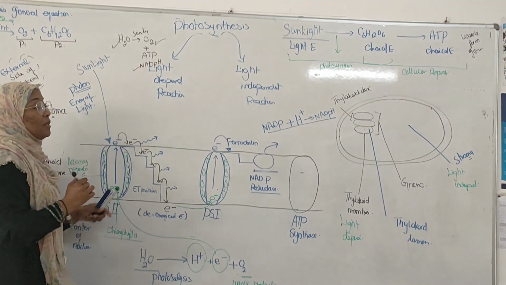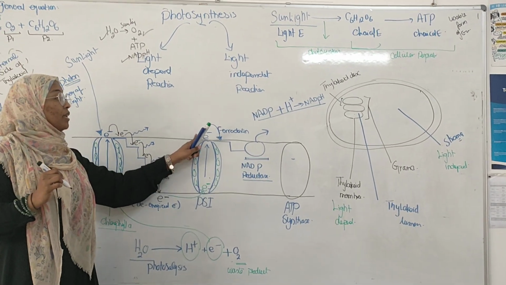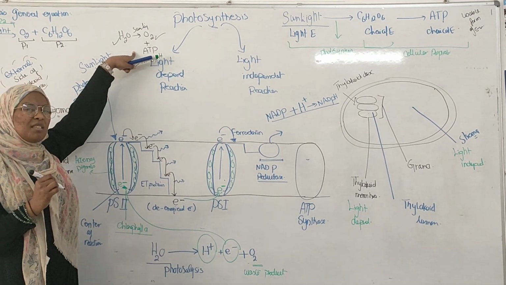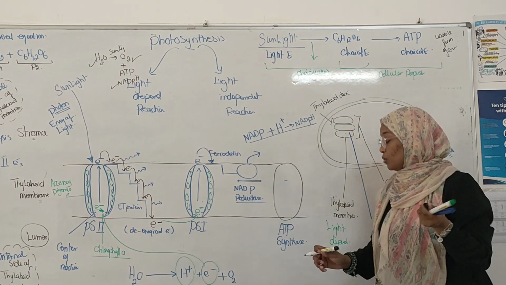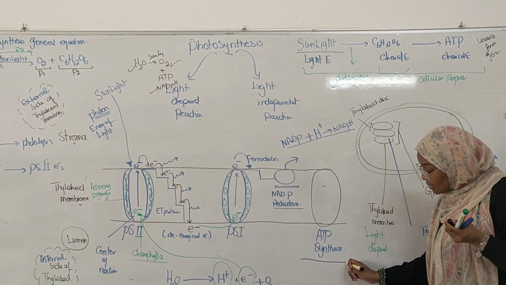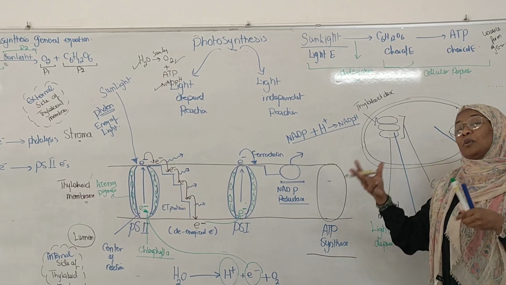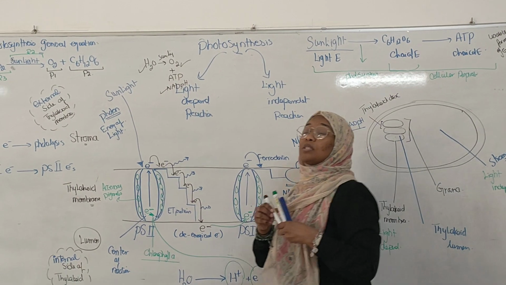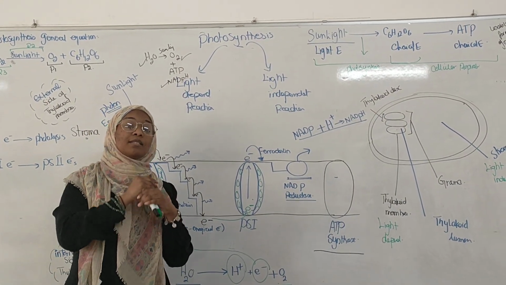You produce NADPH from NADP reductase using the electron that has been extracted from photosystem 1. Now what about ATP? ATP will be produced during a process called chemiosmosis. Within this ATP synthase, if you allow ADP plus phosphate to form ATP, it requires a really high amount of energy. We can speak about this later on.